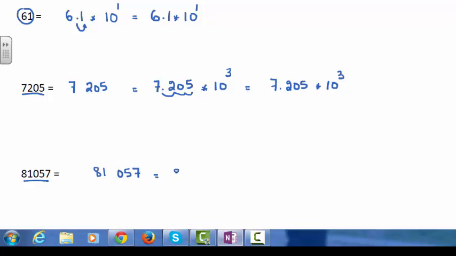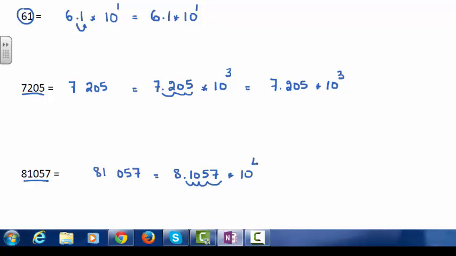That means 8.1057. I don't miss any number. Times 10, but at the end I need to move this decimal point how many steps to the right? 1, 2, 3, 4. That means exponent 4. So I can write 8.1057 times 10 exponent 4 is the scientific notation.